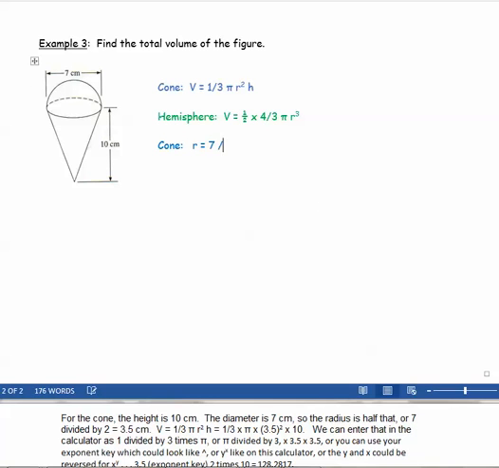So 7 divided by 2, which is 3.5 centimeters. So the volume is 1/3 pi r squared, so 3.5 squared, times the height, 10.